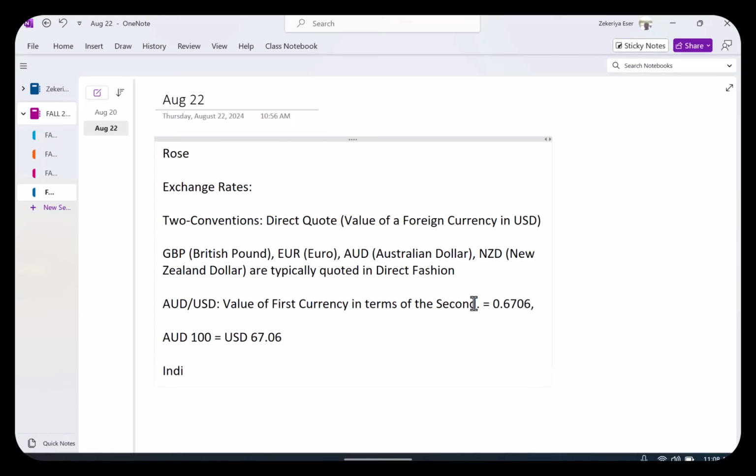The second way is indirect quotes, which is all other currencies pretty much. Value of US dollars in terms of foreign currency. Example, CHF is short for Swiss franc.